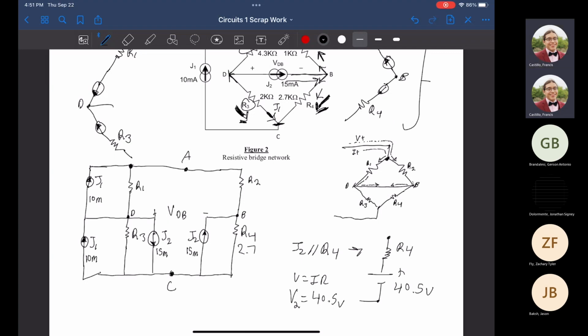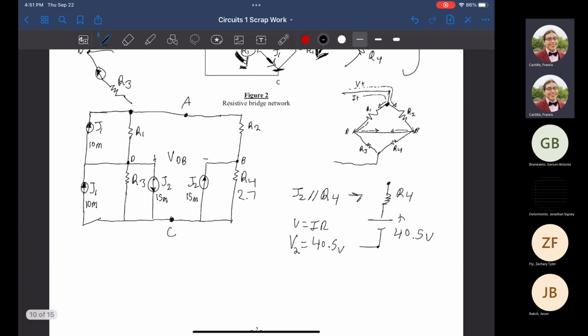There's that. Similarly, we're going to shift over R1 with J1. So J1 is in parallel with R1, meaning it will return to us, in the other direction, a resistor with a voltage source, just like that.